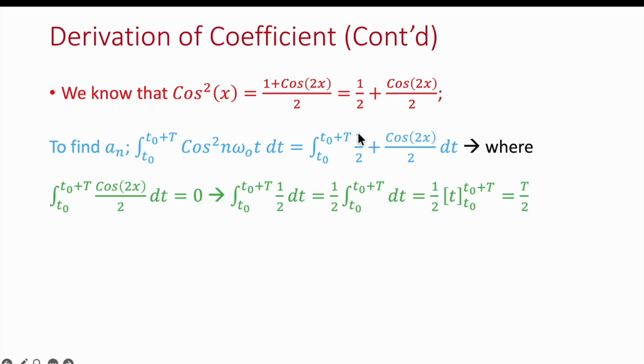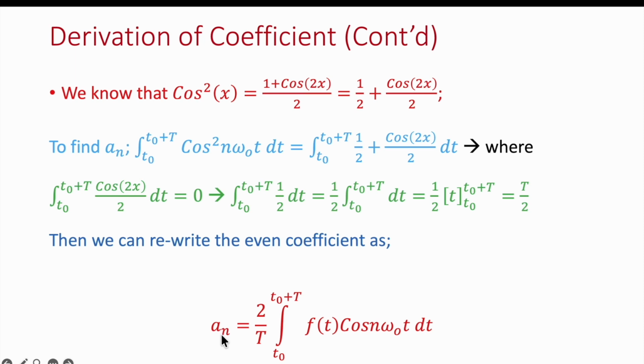The integral of 1 by 2, which is a constant, is t, and if you insert the limits you end up with T by 2. Then you can find the value of a n using these values in the previous equation: a n is equal to 2 by T times the integral with limits from t naught to t naught plus T of f of t cos n omega naught t. And this is for the even coefficient.